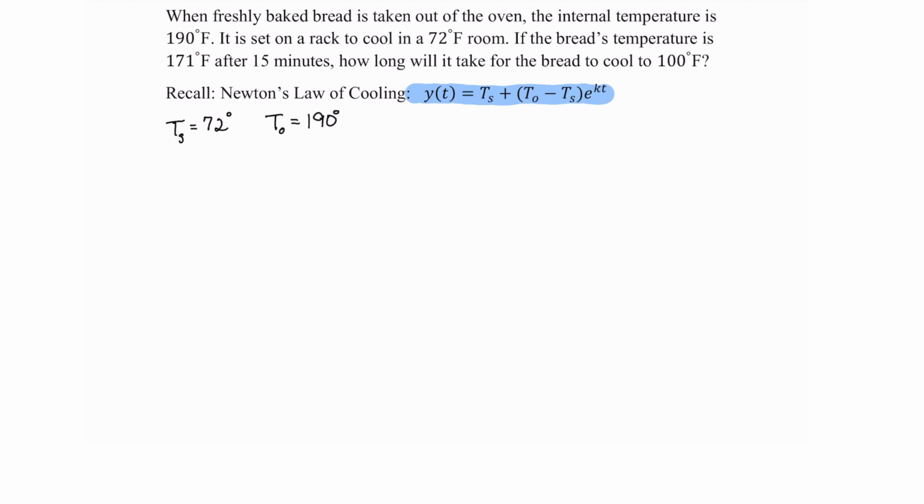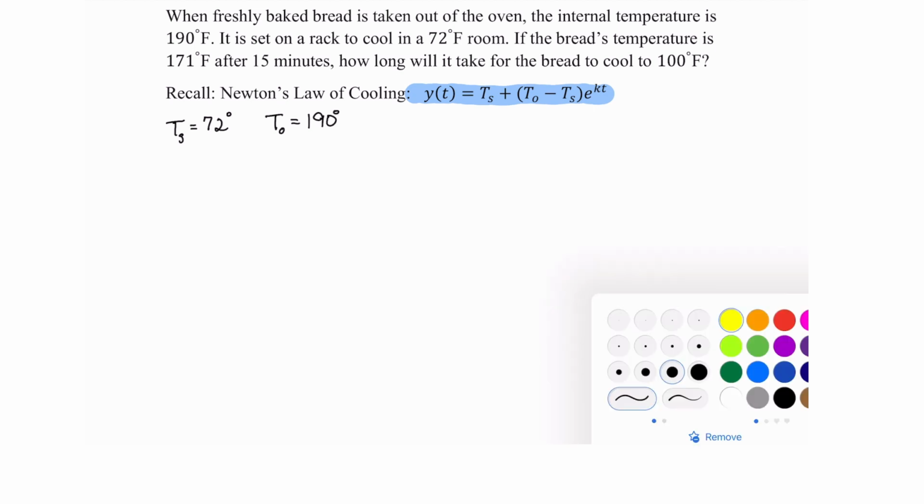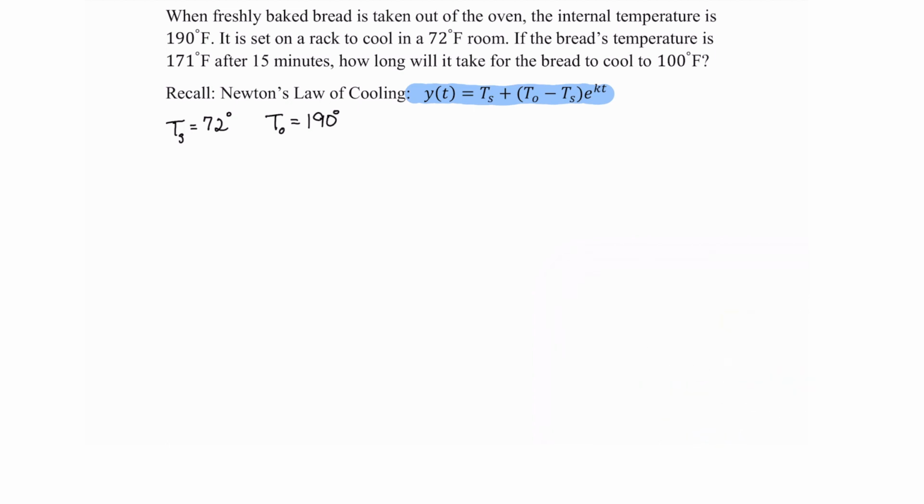And then we also have a particular temperature, so that we have a pair of information so that we can find our k value. We have that the temperature is 171 degrees Fahrenheit after 15 minutes. So that gives me that y of 15 is equal to 171.